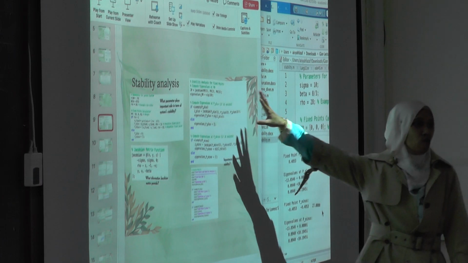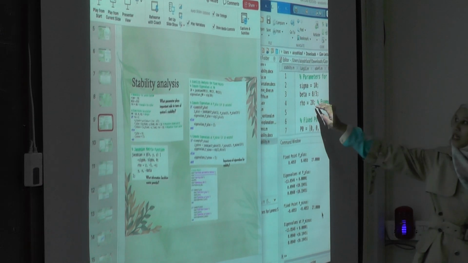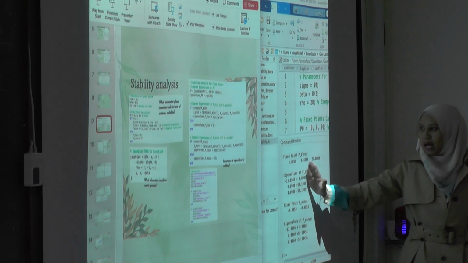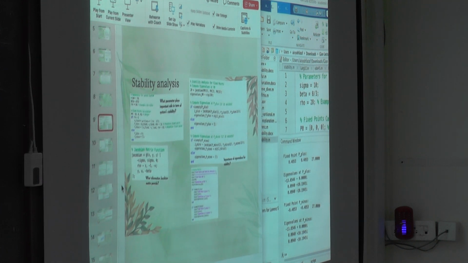So now we try. I don't know whether you managed to write this one or not, so that's why I'm showing this one. Let's say we are changing the rho. Let's see the value of the fixed point, and then you tell me what the analysis of it is. I'm providing you the code, so you tell me, because we already discussed. So what is the result?